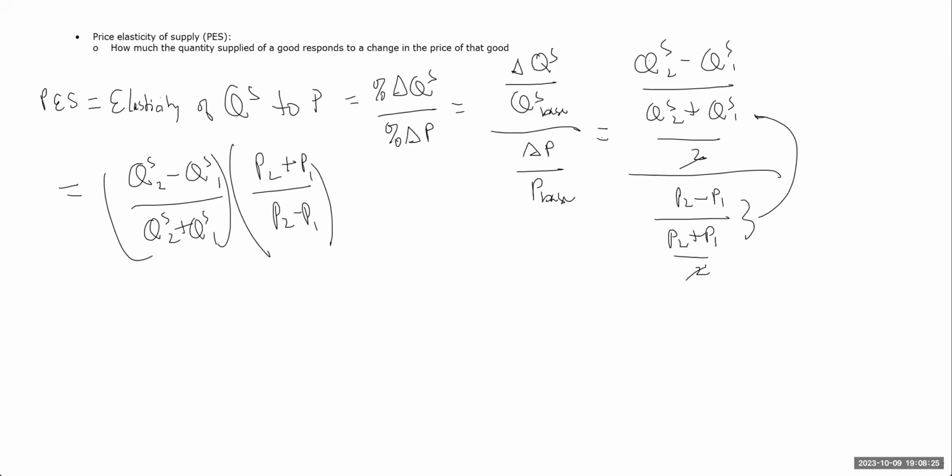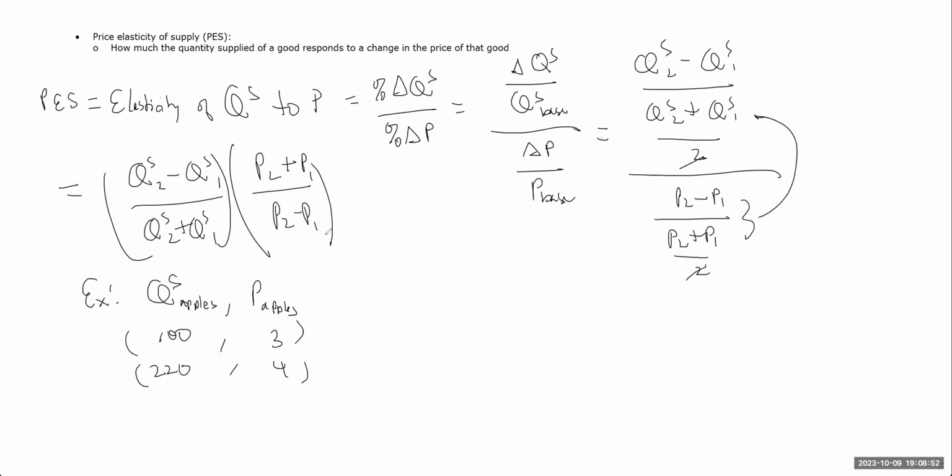And again, we can calculate this. Example: quantity supplied of apples, price of apples. Let's say at $3 an apple, they want to sell 100 apples. At $4 an apple, they want to sell 220 apples.